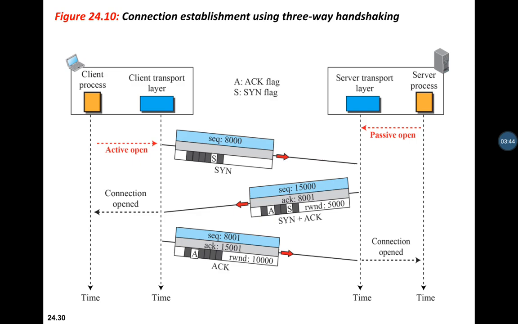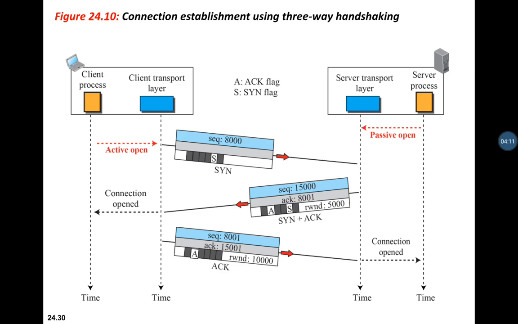The first step is that the client sends the first segment, which is the SYN segment, in which only the SYN flag is set for the synchronization of the sequence numbers. Next is the ISN, the initial sequence number, sent by the client to the server. This does not contain the acknowledgement number nor the receive window size.